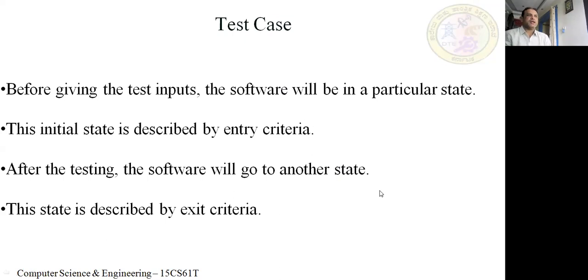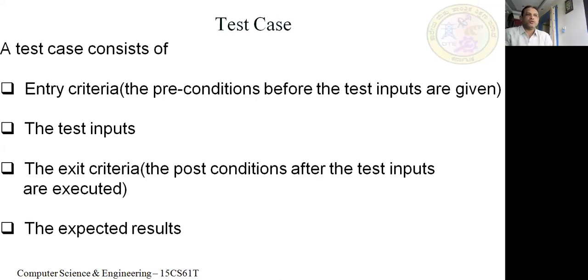So a test case consists of what? First is the entry criteria, that is, the preconditions before the test inputs are given. Then after entering the test inputs, the program is executed and generates the output.